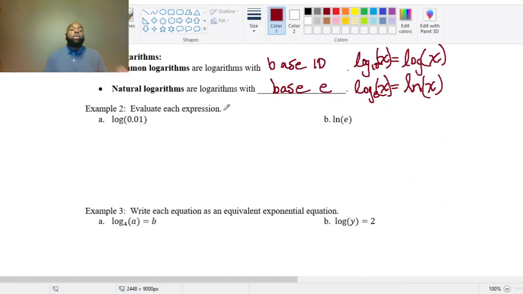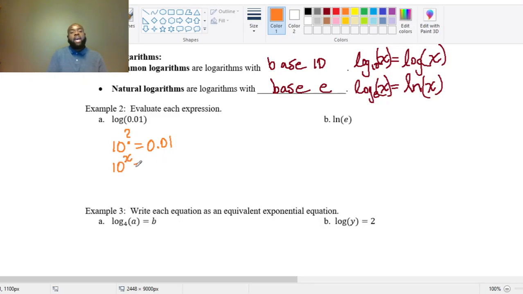Just to get used to not seeing a base, we want to be able to evaluate logarithmic expressions that look like this. This is the common log of 0.01. Remember, this is base 10, right? So this is asking the question, what power do we raise 10 to in order to get 0.01? If this is hard for you to figure out, remember, you can get the same base on both sides.